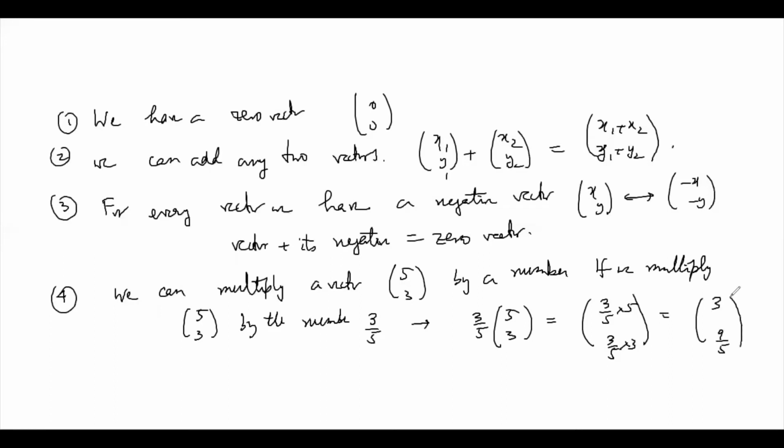That's not important. What is important is that in the same spirit, if you have a number a, multiplying by the vector (x, y) gives you the vector, by definition, (ax, ay). This is known as the definition of a vector space. So the set of all such vectors, which can be added, there is a 0 and you can multiply with a number, is called a vector space.